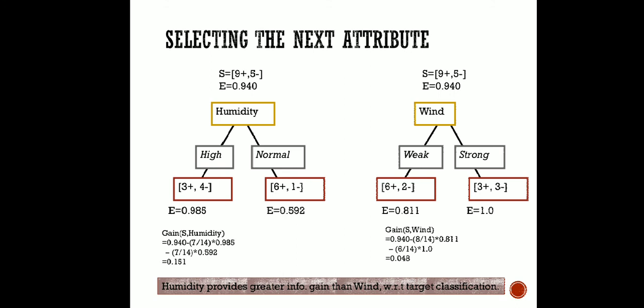For normal, the total number of data values is 6 plus 1 is 7, and the original number of data is 14, right? So 7 by 14 multiplied by 0.592, right? So the information gain becomes 0.151.